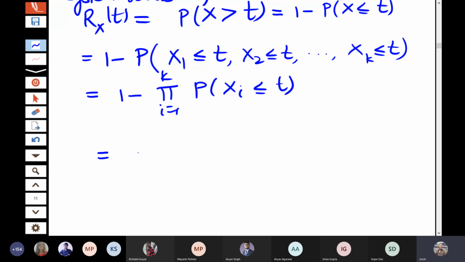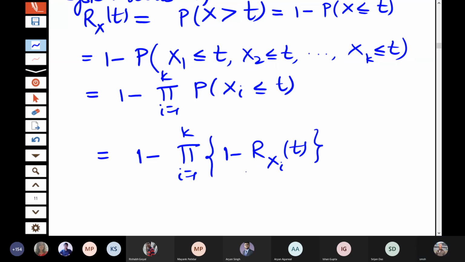So that is nothing but 1 minus the product of (1 minus the reliability of each component). So this is the formula for the reliability of a system having components arranged in parallel.